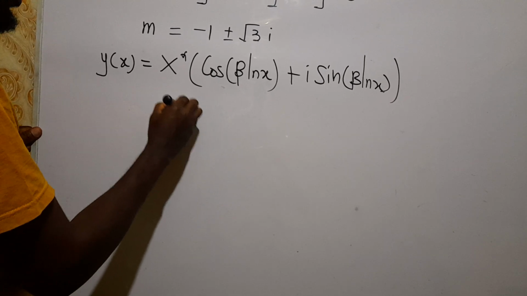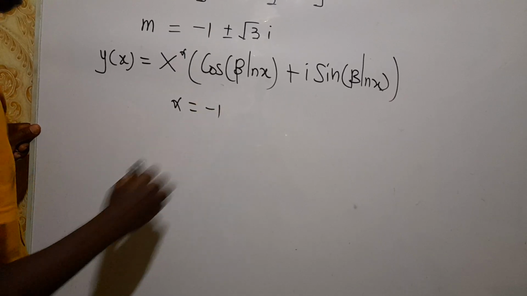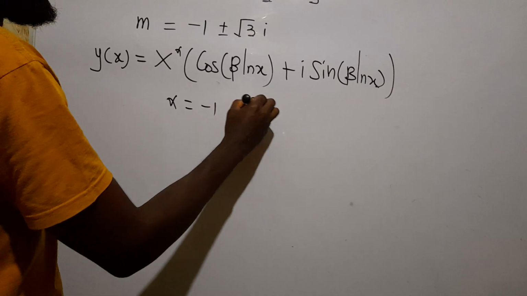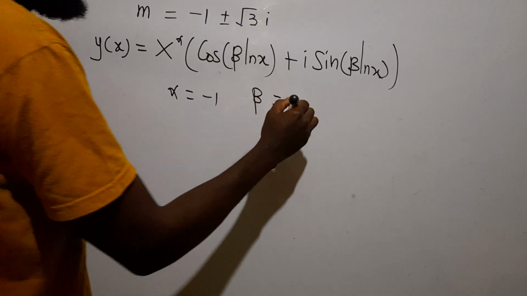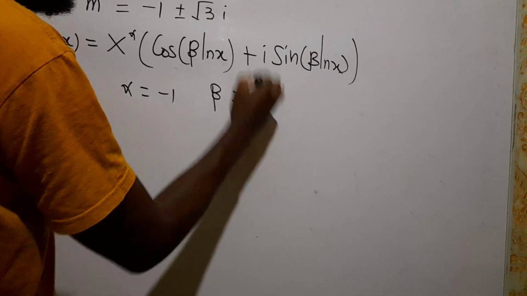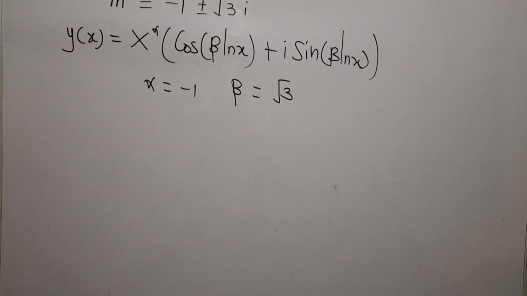So we can say our alpha here is -1. And our beta is the coefficient of the imaginary part of the complex root, which is √3. I hope you get that.